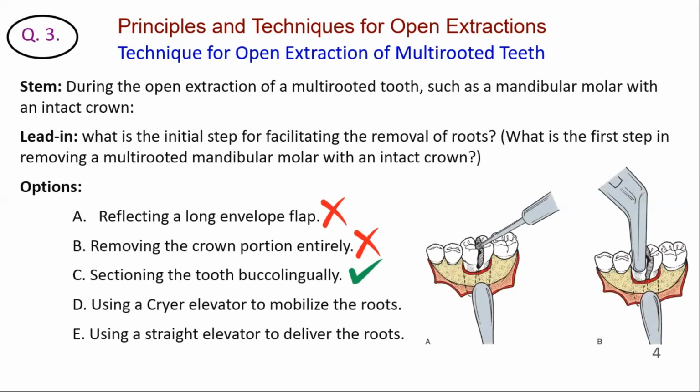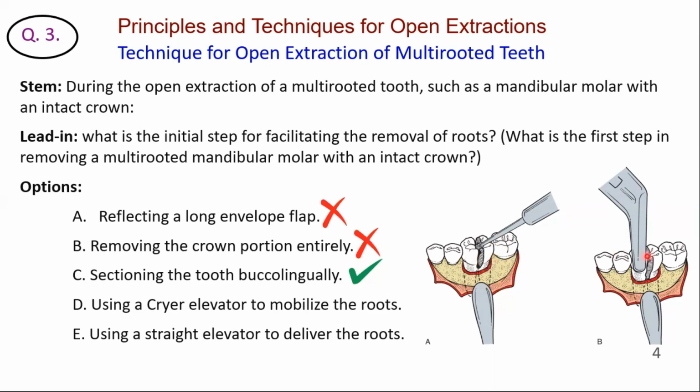In this figure, if the lower molar is difficult to extract, it can be sectioned into single rooted teeth. The envelope flap is being reflected here, and a small amount of the crestal bone is removed to expose the bifurcation. Drill is then used to section the tooth into a mesial half and a distal half.